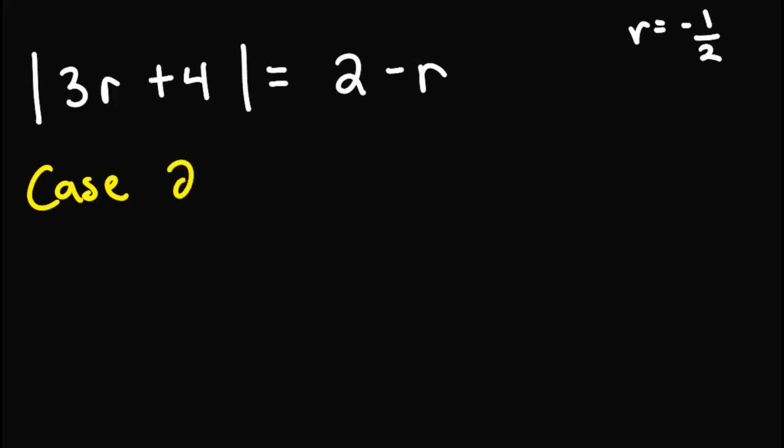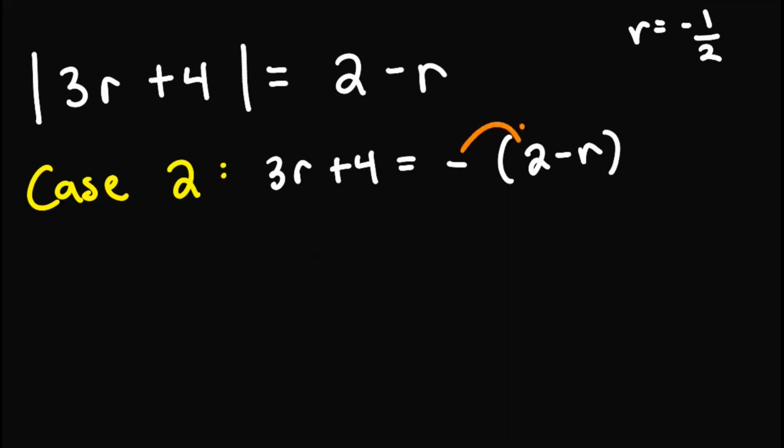So case 2. For case 2, we have 3r plus 4 is equal to the negative of 2 minus r. Before we can move algebraic terms from left to right side of the equation, we first distribute this negative sign out here. So we'll have 3r plus 4 equals negative 2 plus r. Then from here, we can now solve this linear equation.